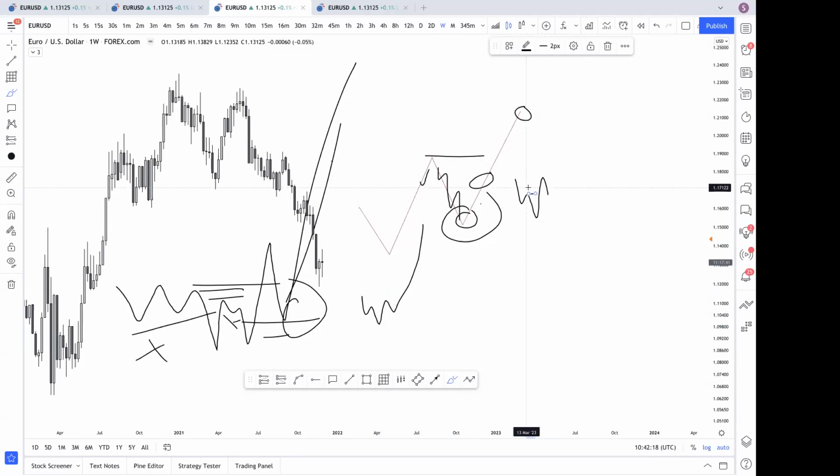So here we get the change of character. We wait for 15M to realign. 15M realigns with the change of character. Now ideally we want to wait for 1M down here, and then we want to wait for seconds to do the same thing. Then we have 15M in alignment, 1M in alignment, seconds in alignment. Like here, we're trading against everything, but here we get 1M maybe come into alignment.